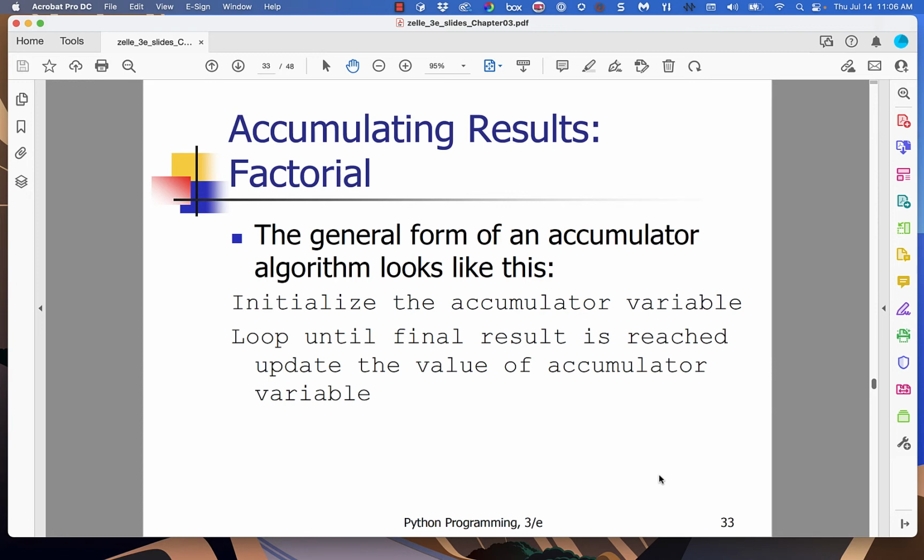So the general form of an accumulator algorithm looks like this. Initialize the accumulator variable, loop until the final result is reached, update the value of the accumulator variable. This indented update of the accumulator variable is the one statement in the body of this pseudocode loop.